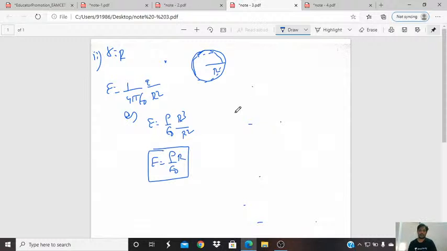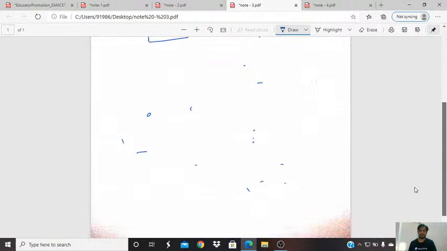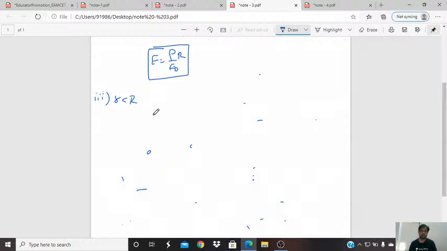And now the next case is inside. That is very important. Small r is less than capital R. This is the sphere having radius R, but you are considering a point which is less than that.